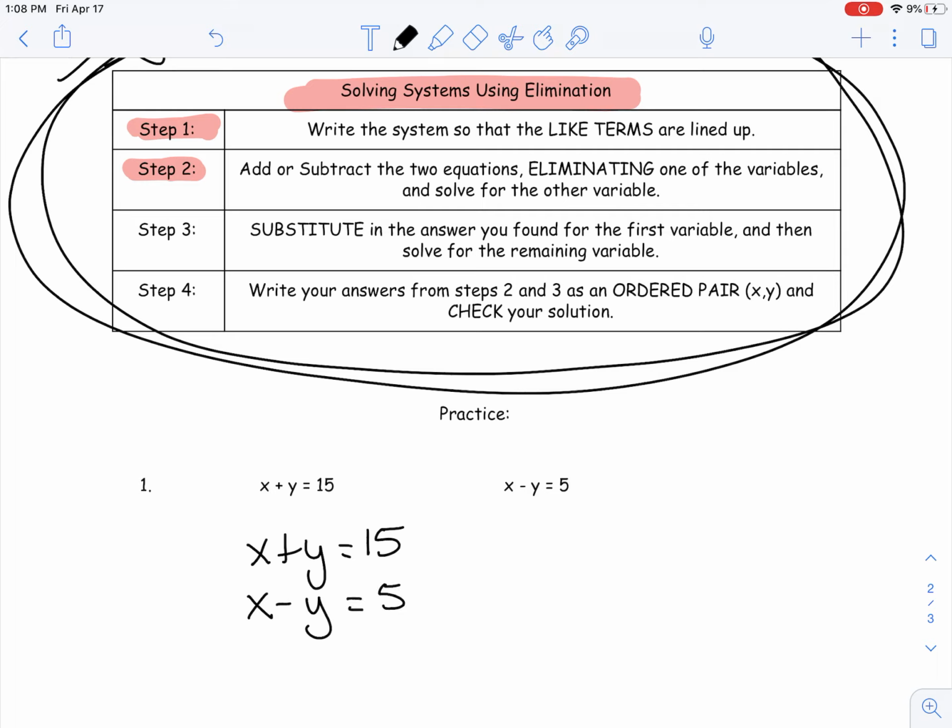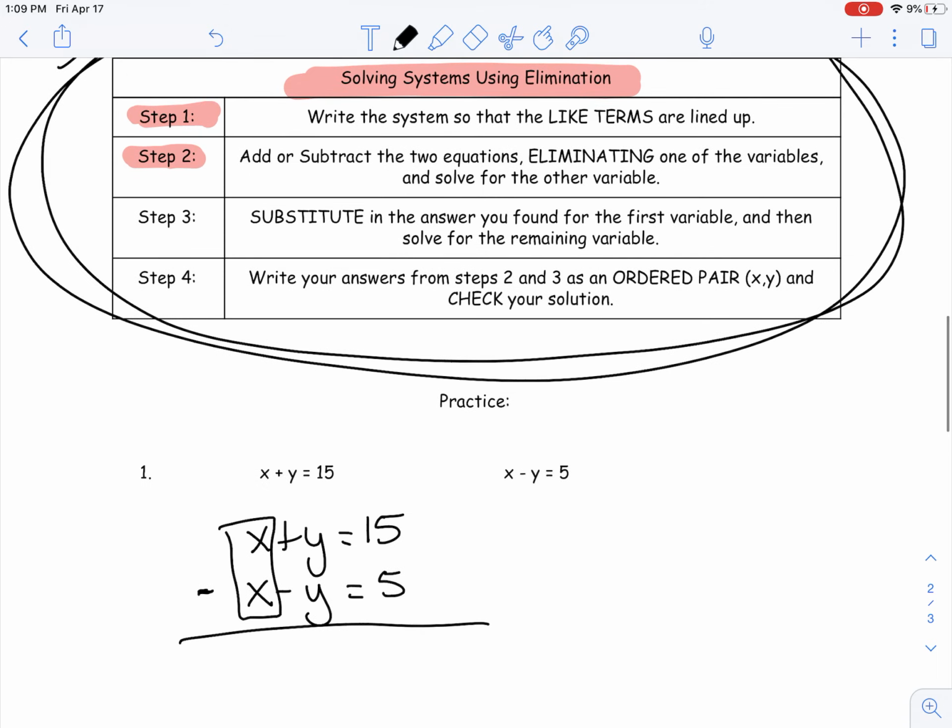Add or subtract the two equations, eliminating one of the variables. So since we have 2 that are possible to eliminate, I'm going to choose the x's so that I can show you subtraction. So these are like terms, they're exactly the same. So instead of adding like we did on the first 2, we can just subtract the two equations.